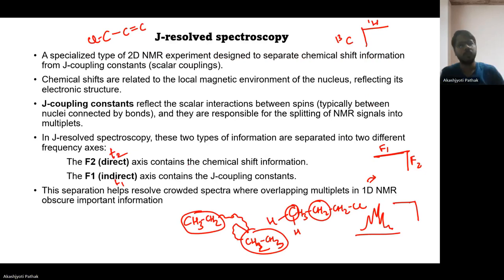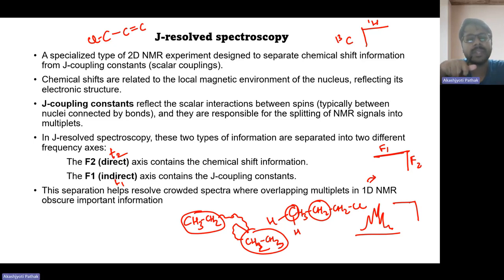So in J resolved spectroscopy, after all the derivation and figures I showed, the F2 axis contains only the chemical shift information after the shearing transformation of the NMR peaks, right? The direct axis will contain only the chemical shift information, and the F1 axis will contain the J coupling constant.